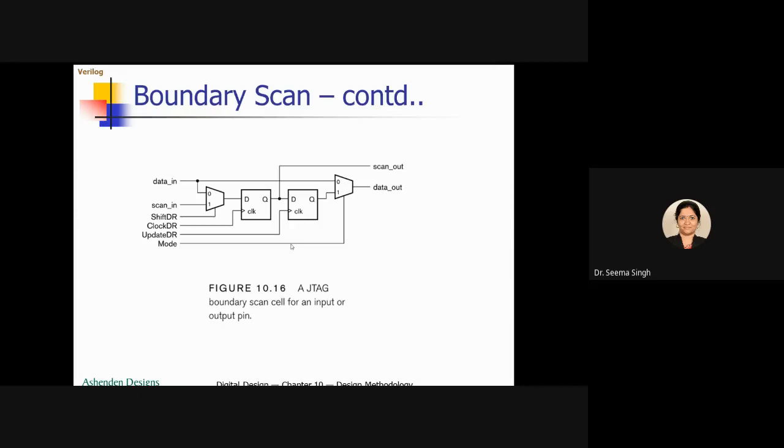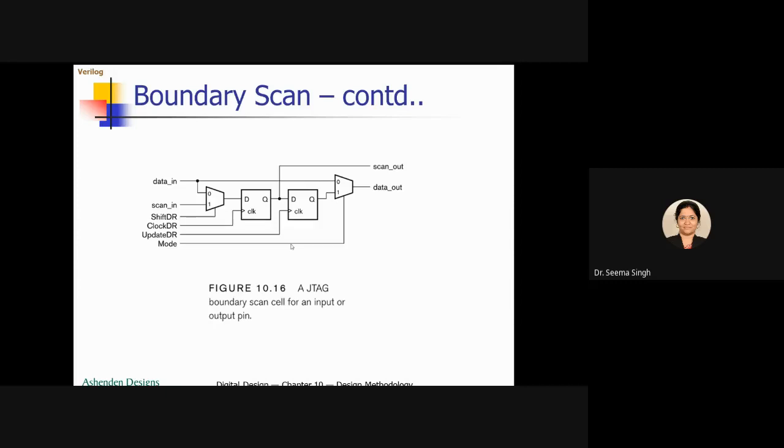Now this flexibility of the JTAG architecture has led to the widespread use of this standard, along with the EDA tools available for the insertion of test logic. Insertion of test logic means the design can work in a test mode or in a normal mode.